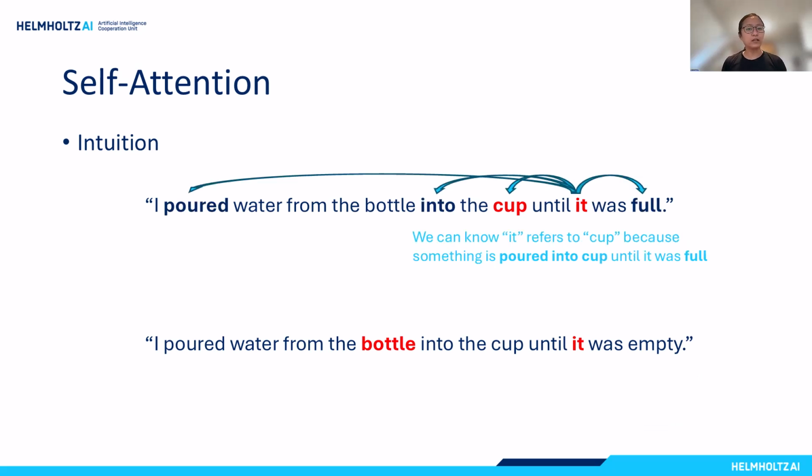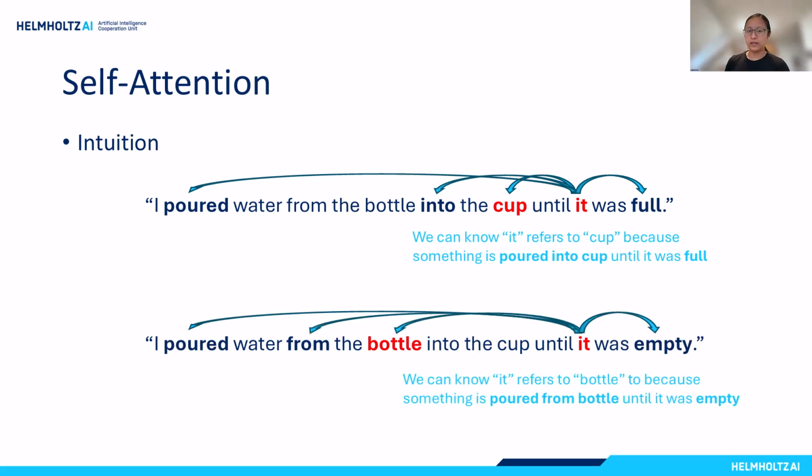For the first sentence, we know because something is poured into cup until it was full. For the second sentence, we know because something is poured from bottle until it was empty. So there are connections between these words.